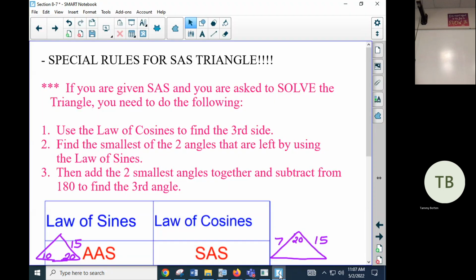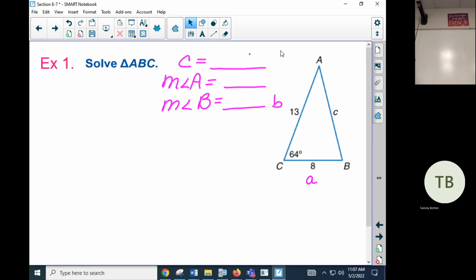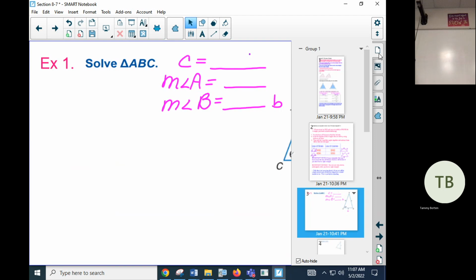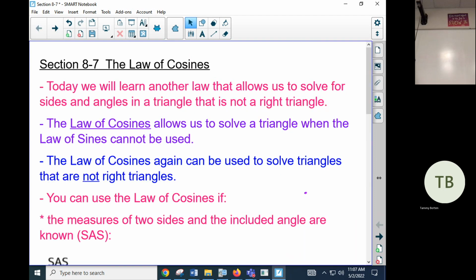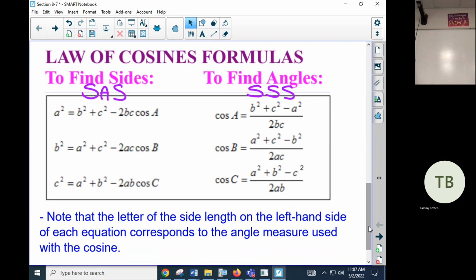So our third side is going to be little c, and they're wanting us to use law of cosines. So you also have this on your cheat sheet right here. And we are going to be using the side angle side part, and we want to find little c, so we're using this formula right here. It looks harder than it is to do, I promise.